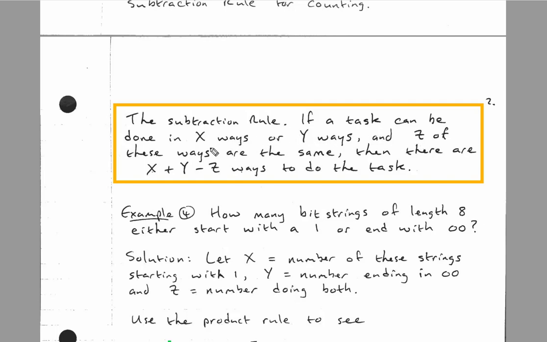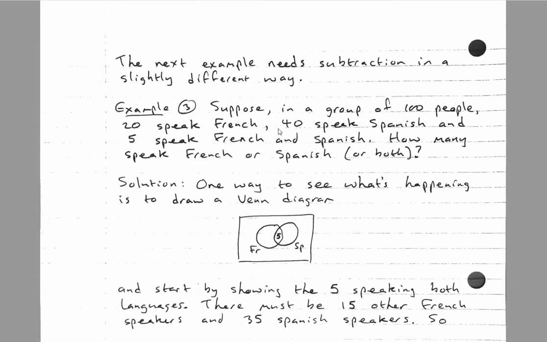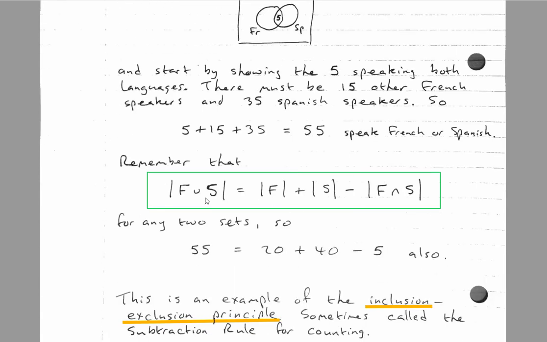For the sum rule, these X ways are all different from these Y ways, so Z is 0. So you don't have to subtract anything. This is just a bit more general. We didn't really have a task here, but you can see it's the same idea. Really we're just trying to find how many elements are in the union.